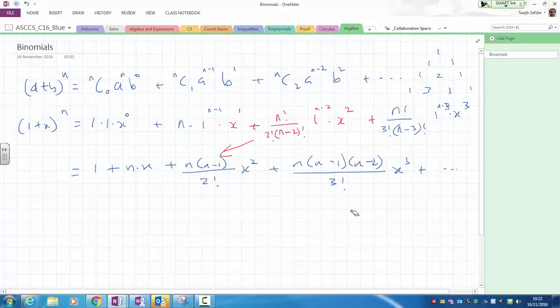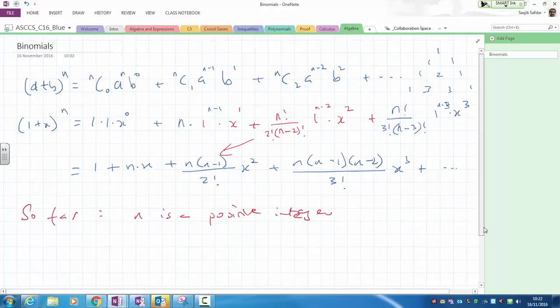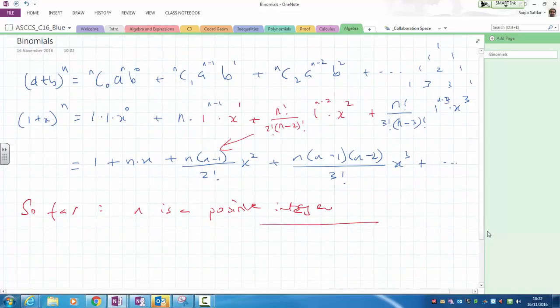Now, at AS, what we've said so far is n is a positive integer. Okay, n is a positive integer, and that's the story so far. That's where we left off from AS. Is that okay? Any questions?